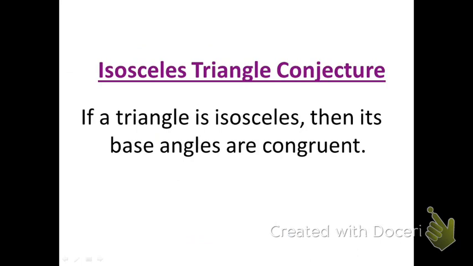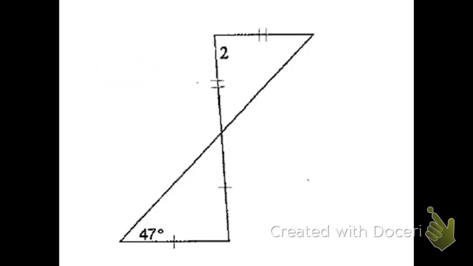So, let's use that conjecture to help us find out what angle 2 is. If we look at this picture, we have two isosceles triangles. So we know two sets of base angles have to be congruent. These two angles have to be congruent, and these two angles right here have to be congruent because of vertical angles. And then this angle and this angle, the base angles of the isosceles triangle, have to be congruent. So if this angle is 47, this angle has to be 47 as well, because it's one of the base angles. And then this angle has to be 47 because it's a vertical angle with 47 degrees.